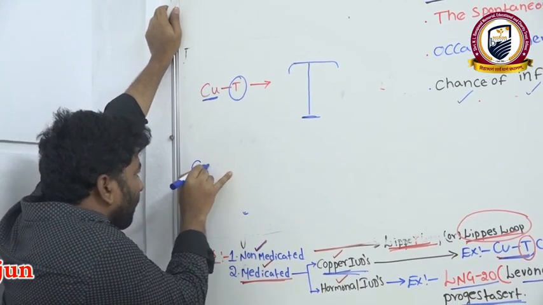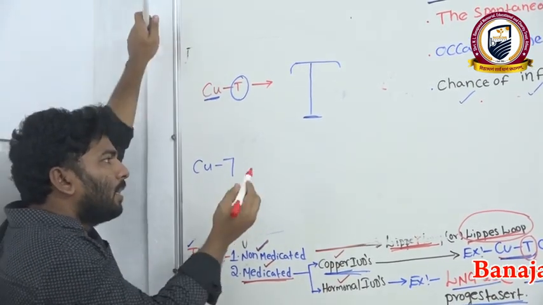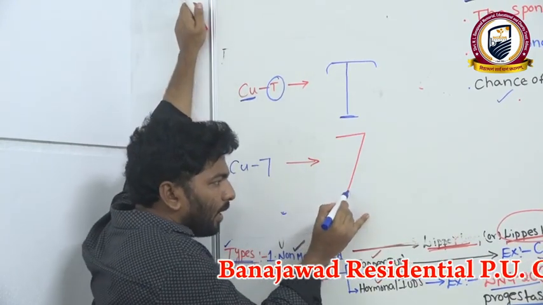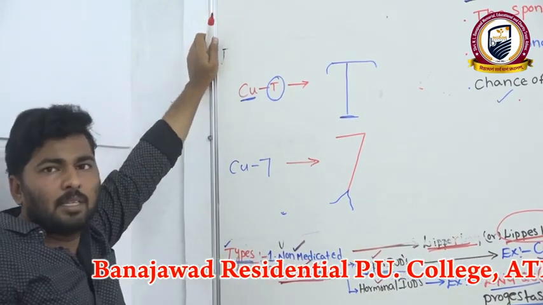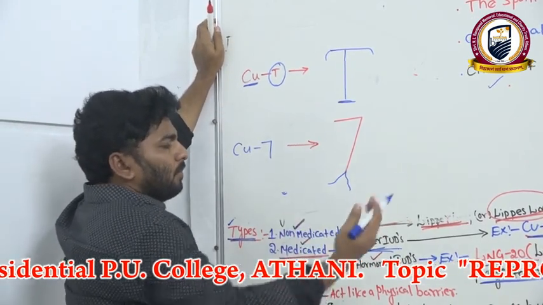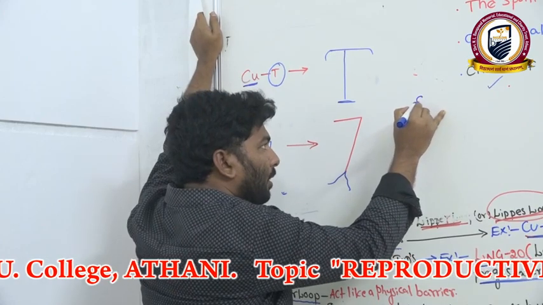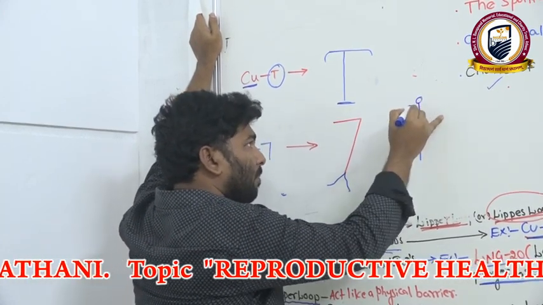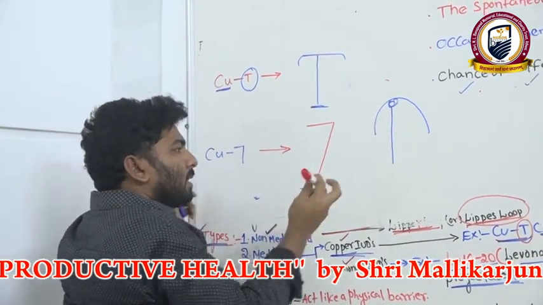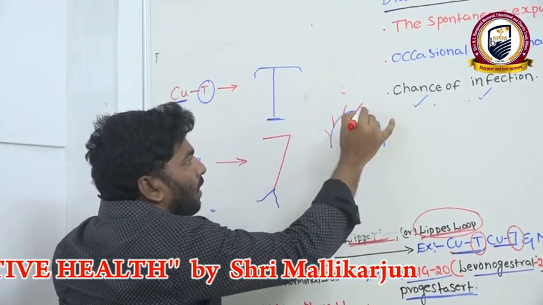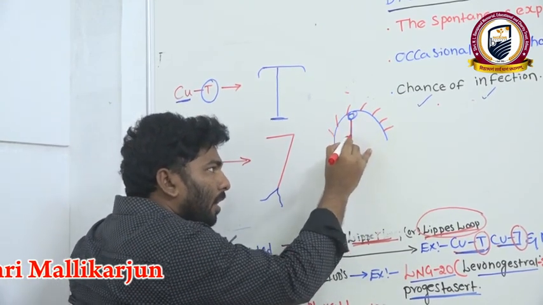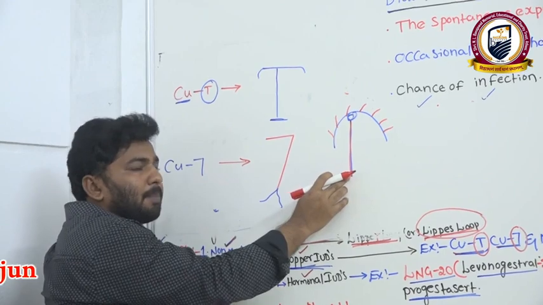If you see copper 7, same thing, but the shape is a 7 shape. The letter 7 shape, so we call it a copper 7. If you go to the multi-load IUDs, this is the structure of the multi-load IUD. It looks like this. In this multi-load IUD, mainly this is a plastic stem.